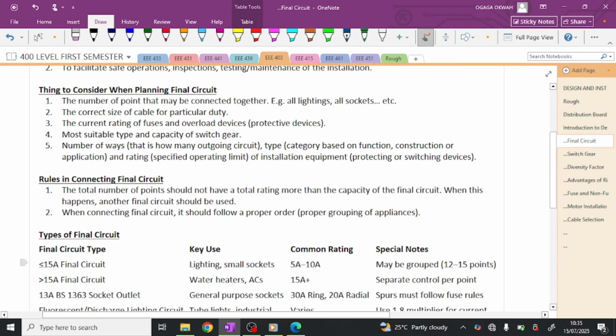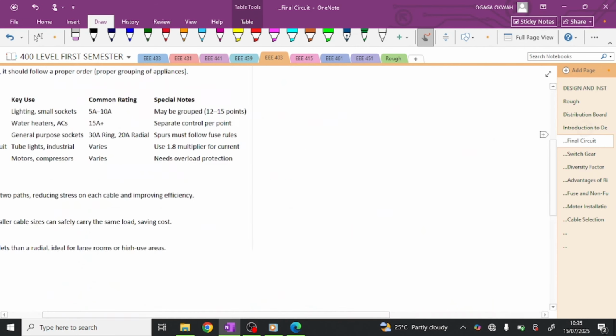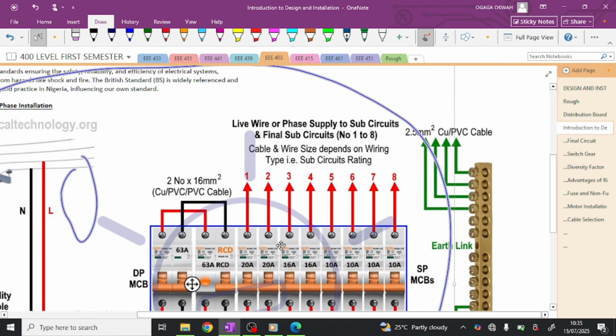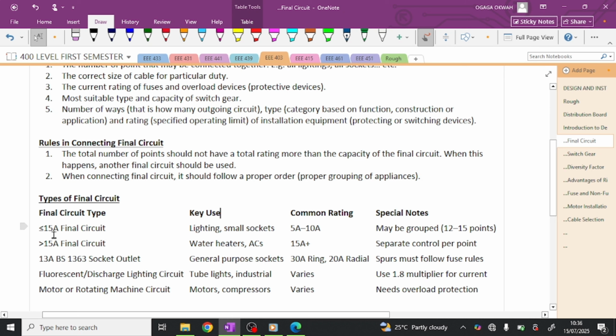Some are less than 15 amps, and others are greater than 15 amps. Those less than or equal to 15 amps are mainly used for lighting and small sockets, and they have a common rating of 5 to 10 amps.